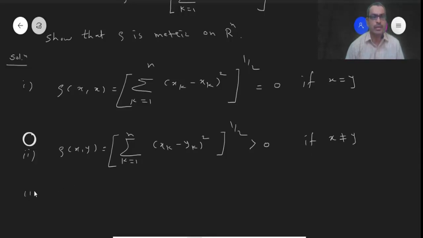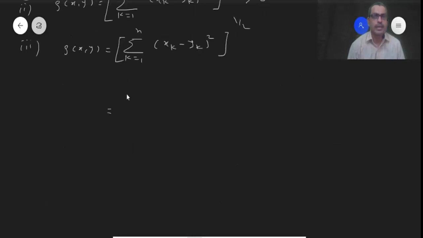The third condition for the metric space is the symmetry. So here rho of x, y is equal to the summation of (xk minus yk) squared, raised to half, with k from 1 to n.